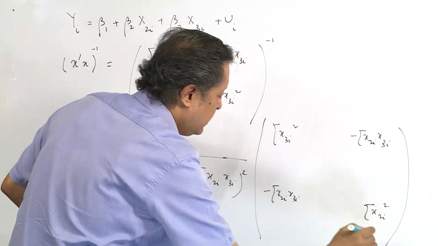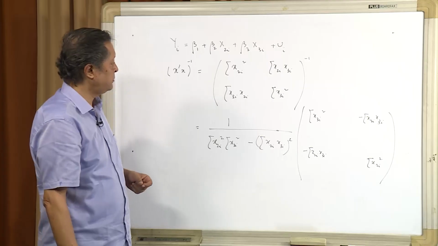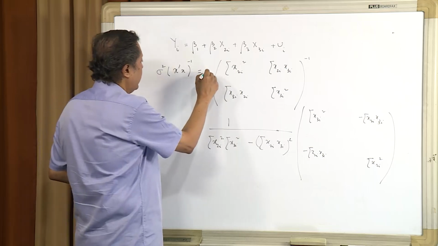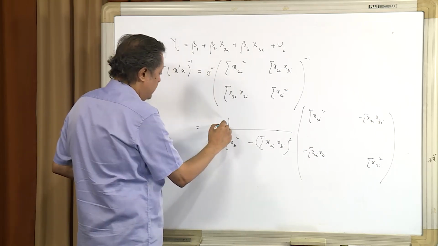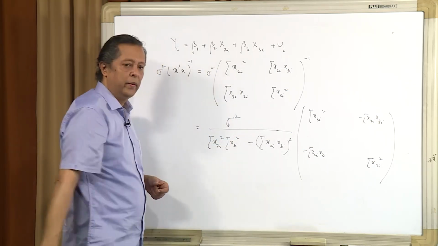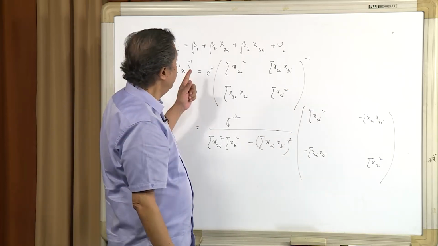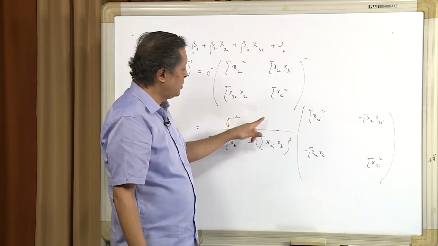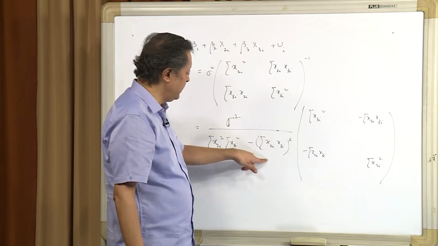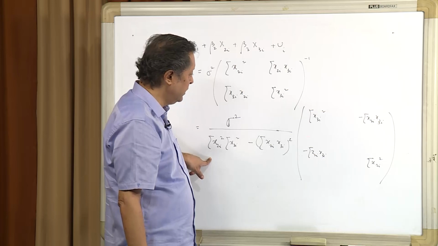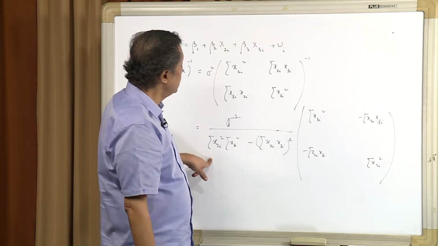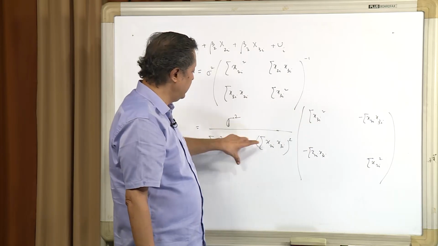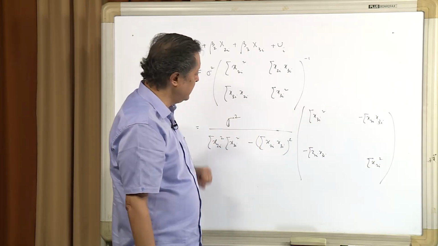So that is the variance covariance matrix once you multiply this with sigma square. That is, variance of beta 2 hat is sigma square summation x3i square divided by this determinant.